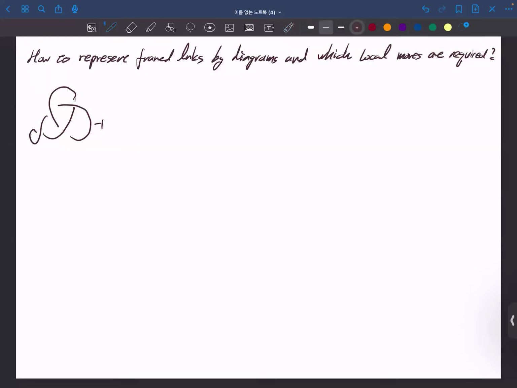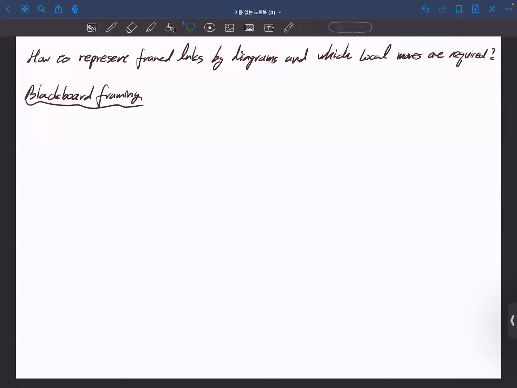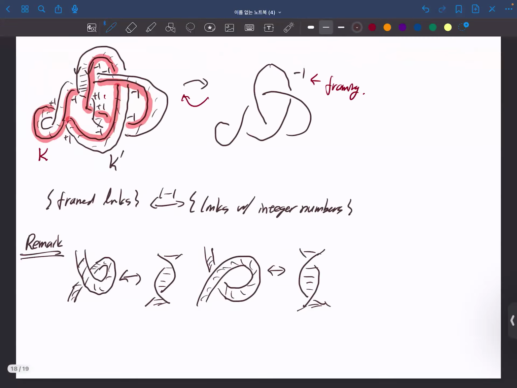So to resolve such a problem, I'd like to introduce one notion which is called blackboard framing. Before going to blackboard framing, it is not that we would like to remove this -1.